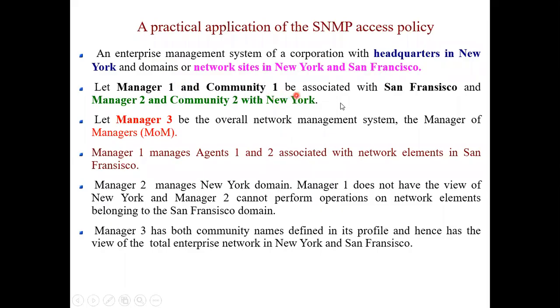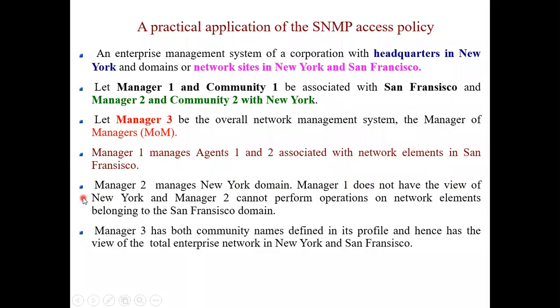Let manager 1, community 1 be associated with San Francisco, and manager 2 and community 2 belong to New York. I had given you the example of Pune and Mumbai. And let manager 3 be the overall network management system, that is the manager of managers, that is MoM. Manager 1 manages agent 1 and 2 associated with network elements in San Francisco. Manager 2 manages the New York domain.